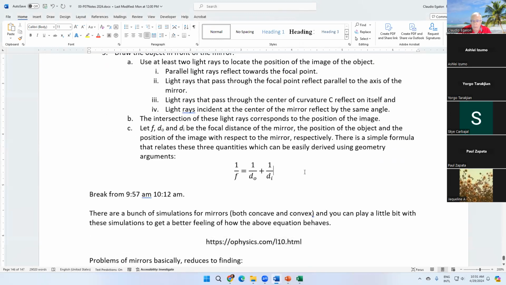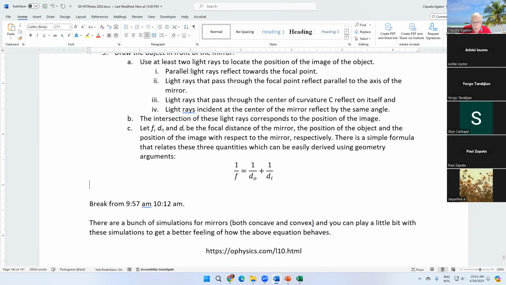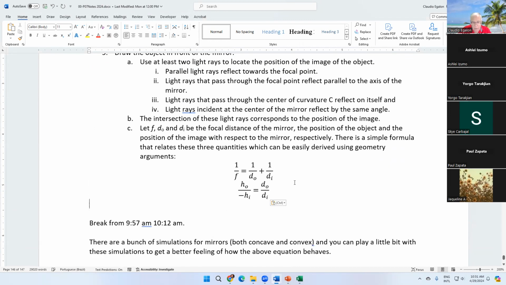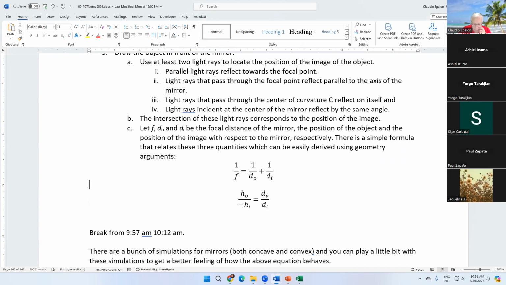Not only do we have this equation, but we also have this other equation here that I obtained using geometry, similar triangles, okay? So the height of the object divided by the height of the image is minus the distance of the object divided by the distance of the image.